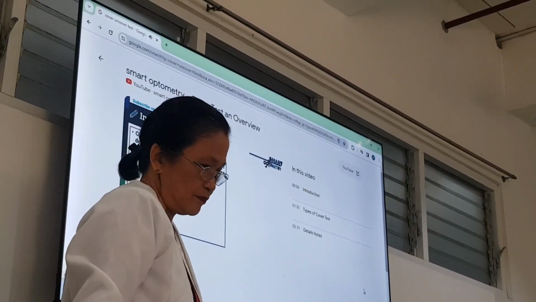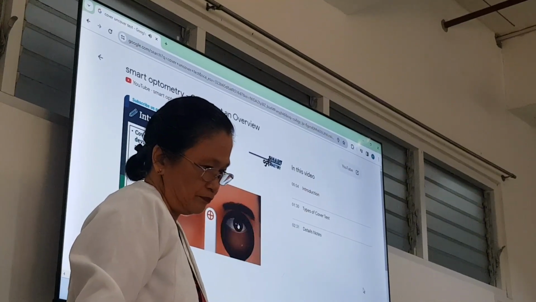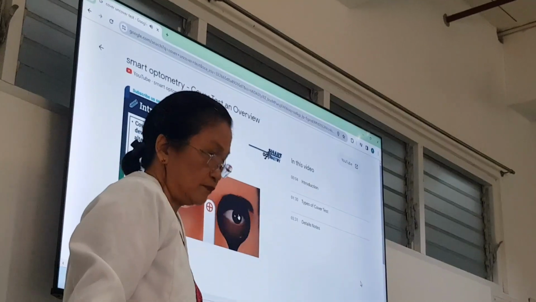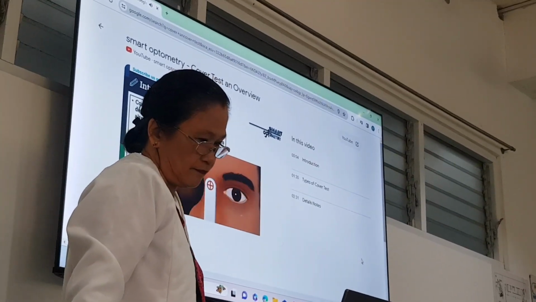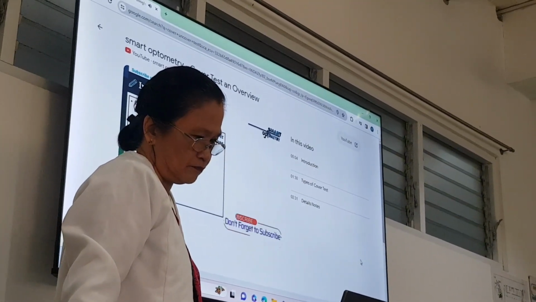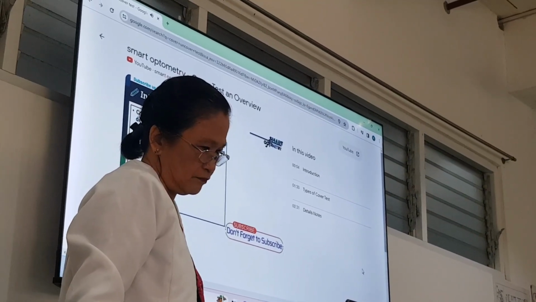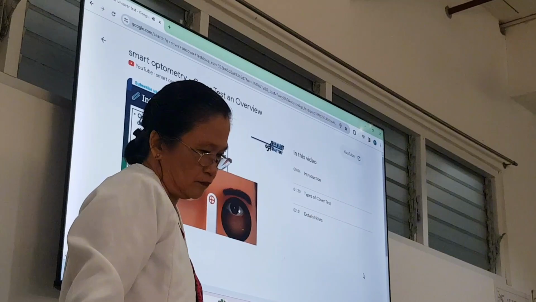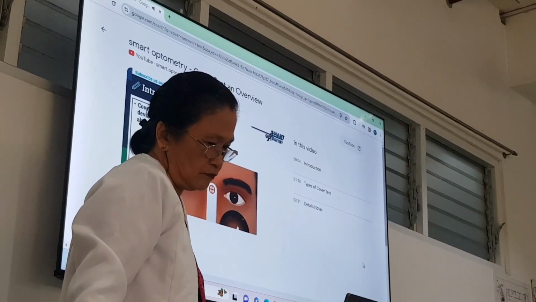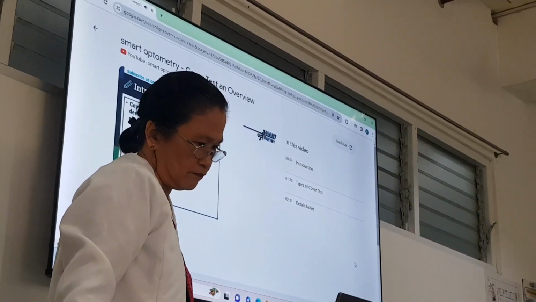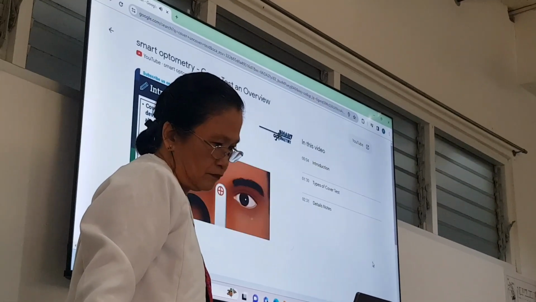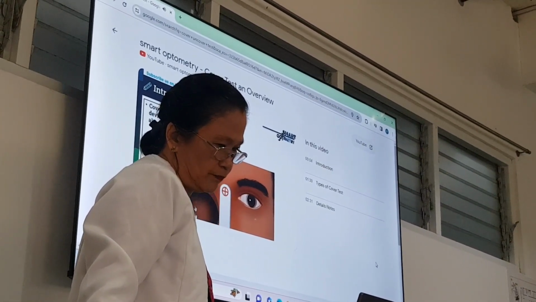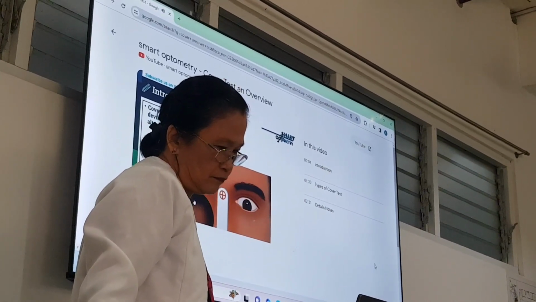The cover test is a test in which we cover the deviating eye, the fixating eye, or both eyes alternately to identify phoria and tropia. That means with the cover test we can identify phoria, whether it is exophoria, esophoria, hyperphoria or hypophoria, and tropia, whether it is esotropia, exotropia, hypertropia or hypotropia.